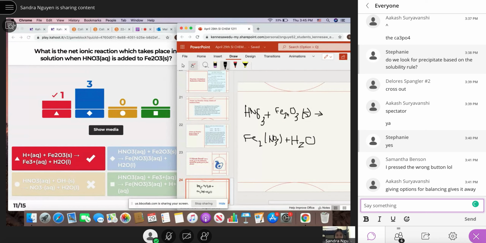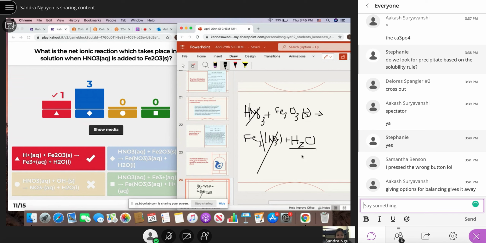So from this, you saw that we can't separate Fe2O3, right? So we're going to separate pretty much everything else. HNO3 gets separated, and then except for H2O, again, it just doesn't really get separated.